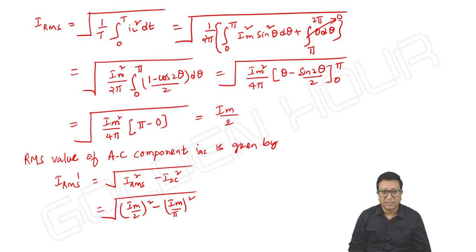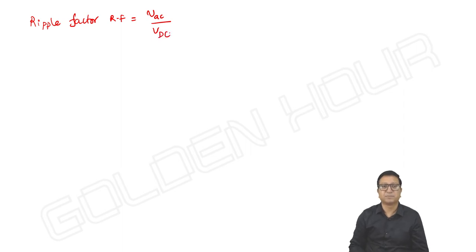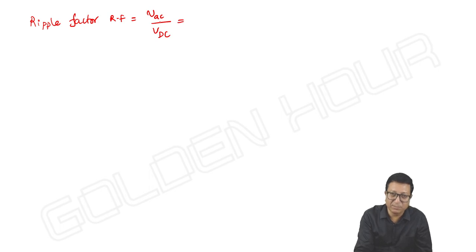Okay. Then once I know this, the first parameter I am calculating is ripple factor. Ripple factor, RF, is nothing but the amount of unwanted AC present in the output by the DC value. Okay, VAC, the unwanted component in the output.